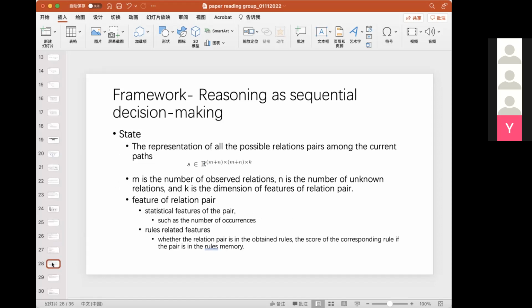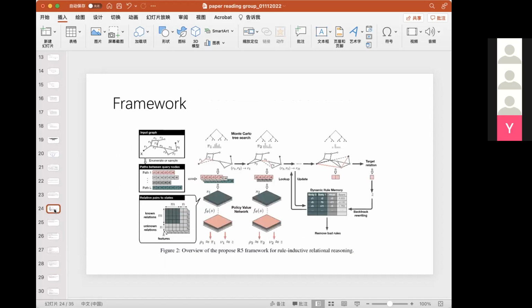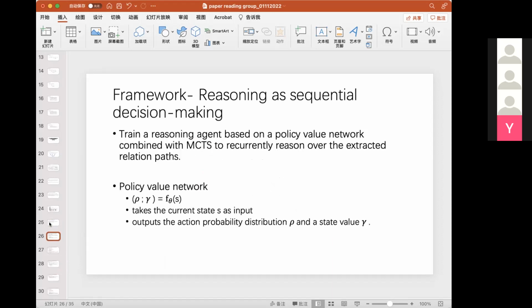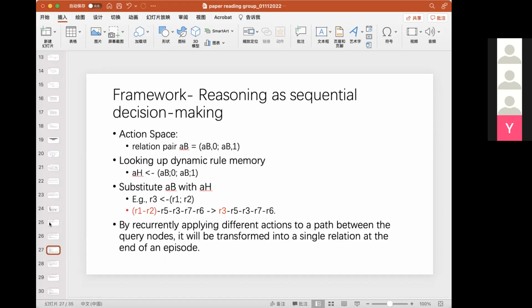So I have a question here. In the previous slide, you say that R1, R2 actually goes to R3, and then you're going to replace whenever you see R1, R2 with R3.